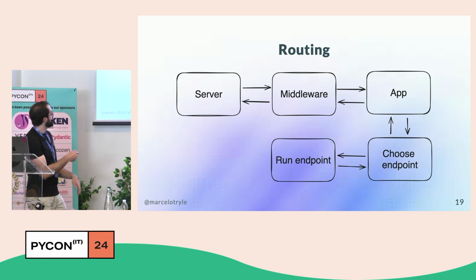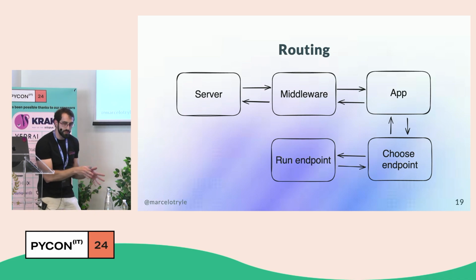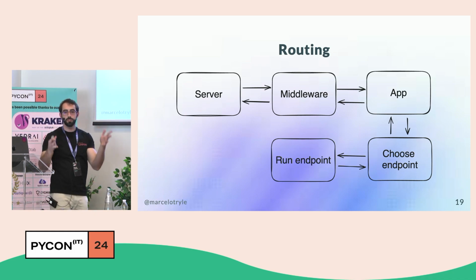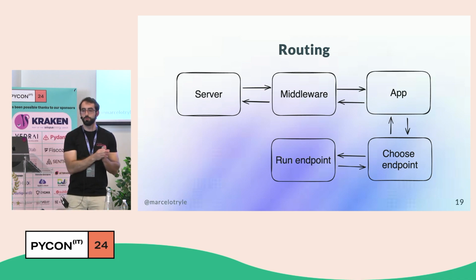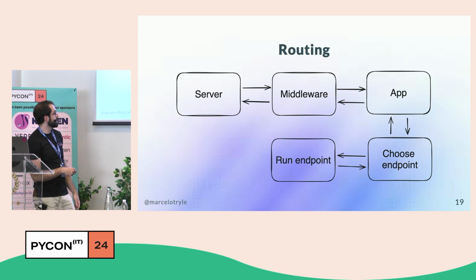Okay, so let's go back. The client sends the data, the service receives the data, it sends to the middleware, and then it passes through the application, and on the application we define to which endpoint we are going to run. So we choose the endpoint, and then it runs the endpoint.